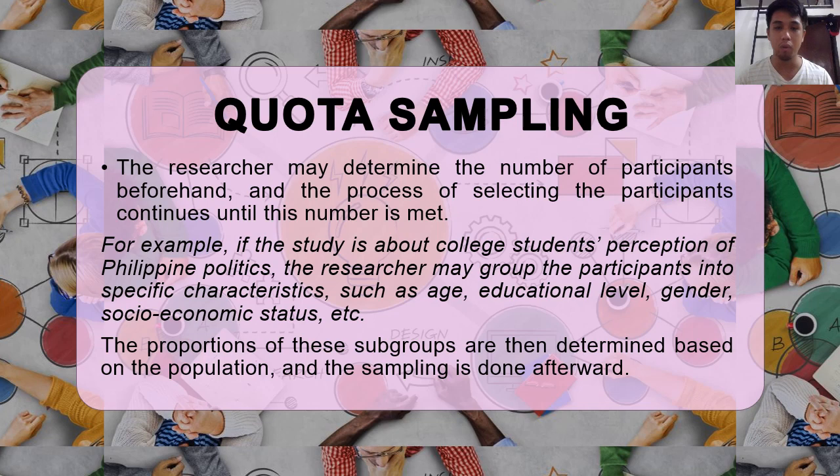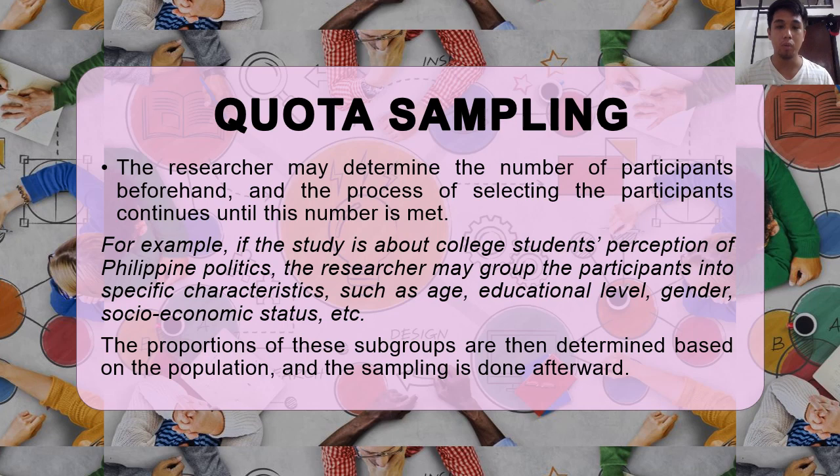Let's say, for example, we have a quota of 100 respondents for our research study. Now we are going to divide these 100 participants into different proportions. Let's say for example that 50% of our participants belong to ages from 18 to 24 years old.